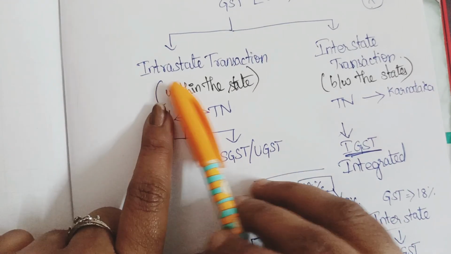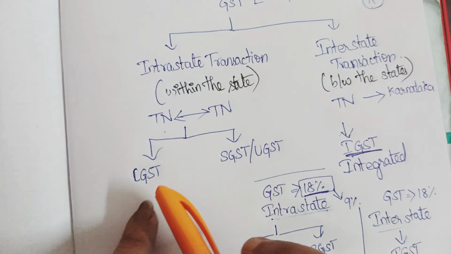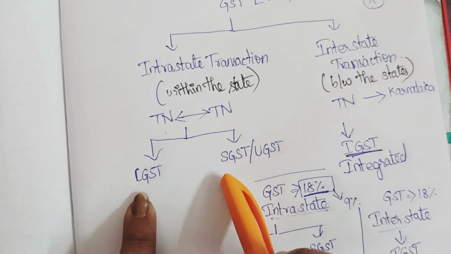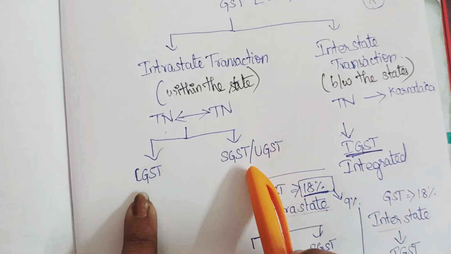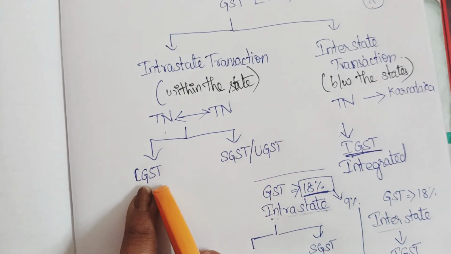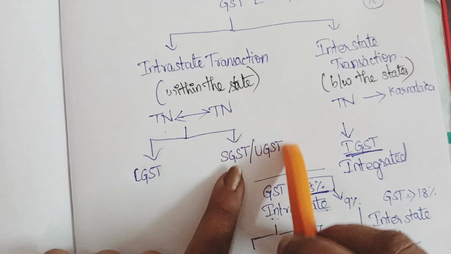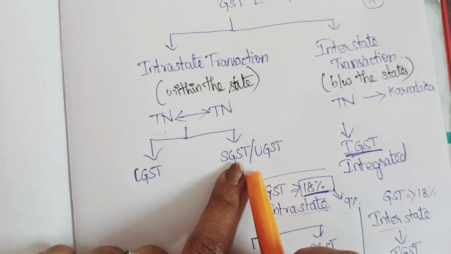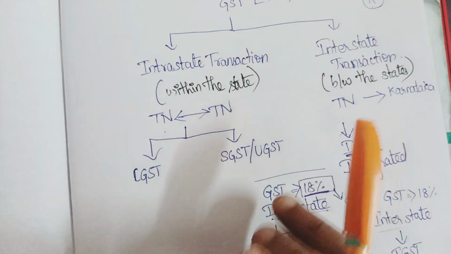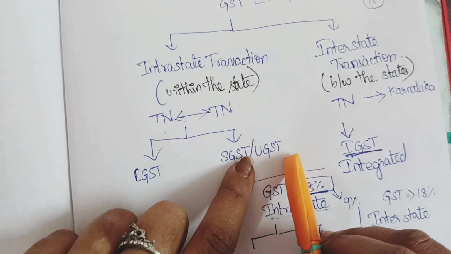Now, intrastate, what all GST we have to pay within the states? Within the states, we are going to pay CGST, SGST. SGST sometimes we call it as UGST. Some are states like Tamil Nadu and some are union territories like Pondicherry, Goa. So instead of states, they will be using UGST.